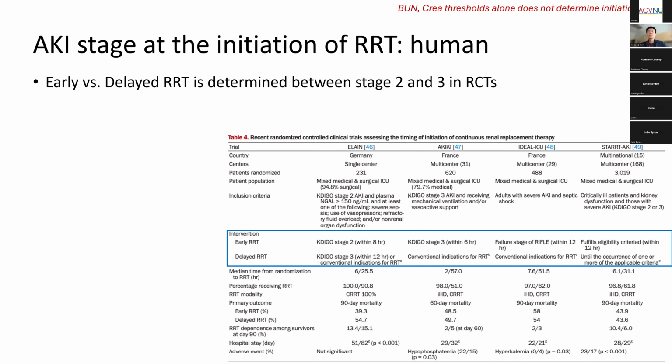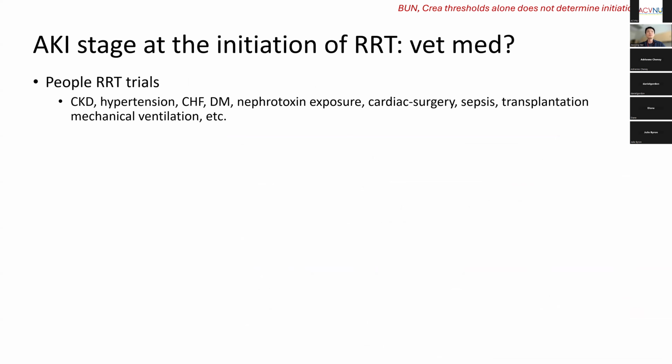So when they talk about early versus delayed renal replacement therapy in the context of the human AKI trials, they're talking about stage 2 to 3, where 2 could be earlier and 3 could be later or delayed. We're talking about a creatinine, again not as a standalone cutoff criterion, but about 4-ish.